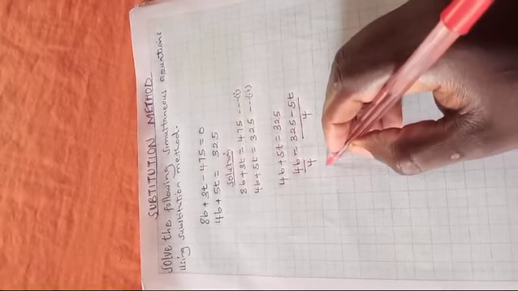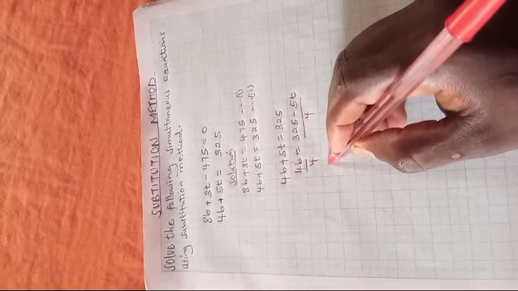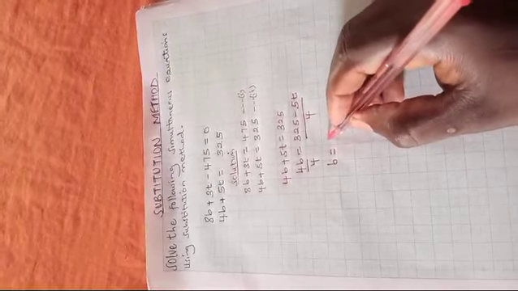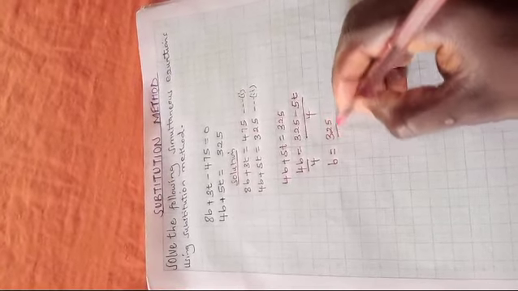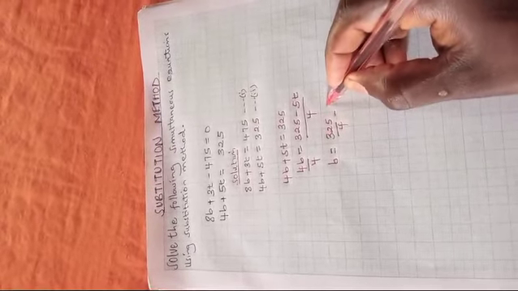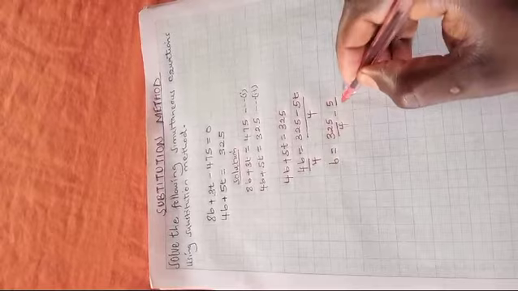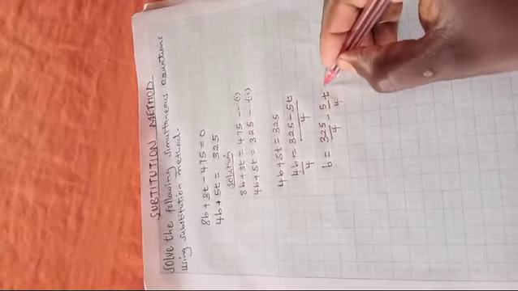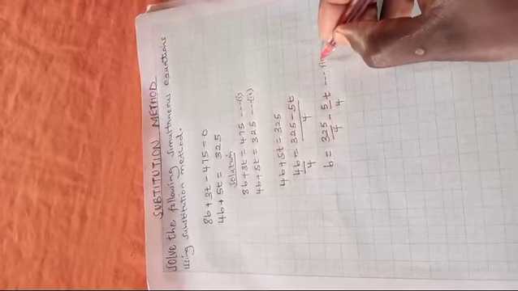So this is going to give us b is equal to 325 over 4, then we take away 5 over 4 t. Now we call this one the third equation.